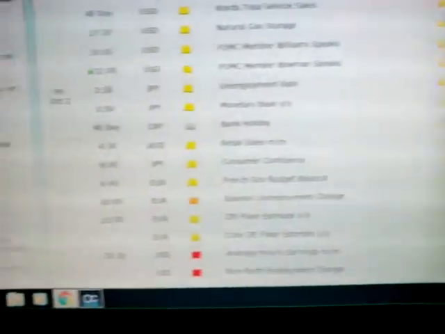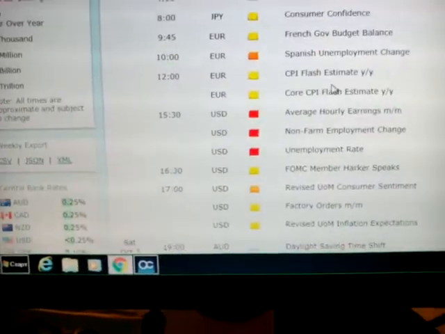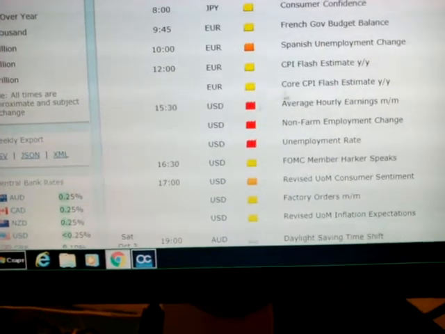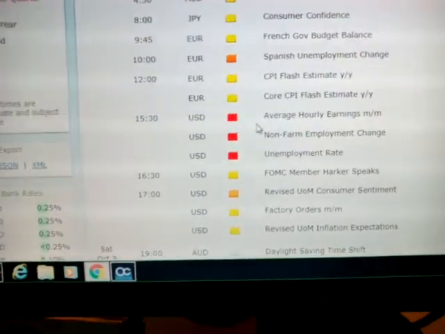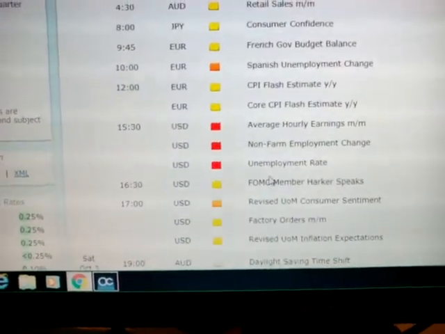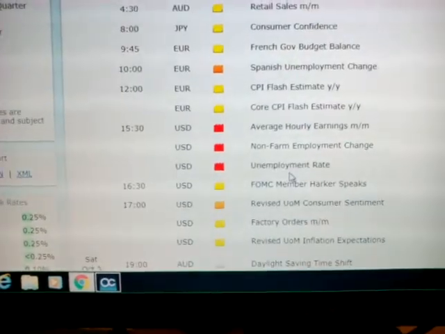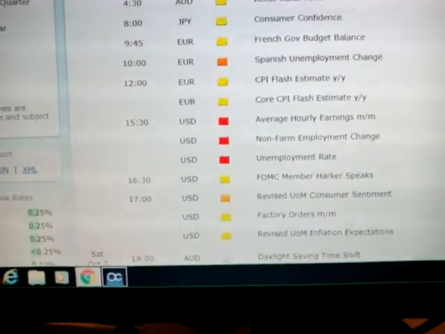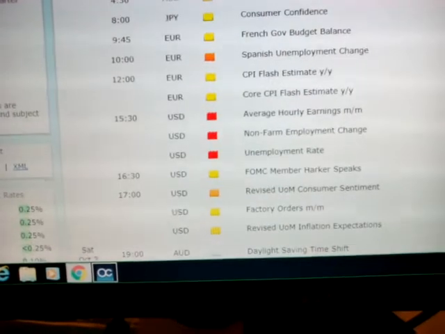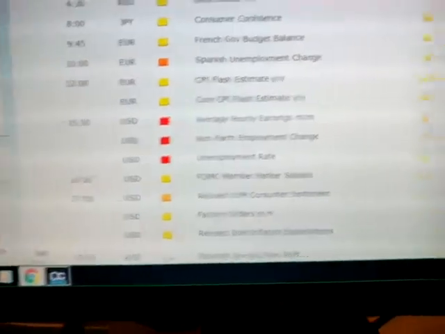So if there is an important announcement, like the unemployment rate for tomorrow, then we must watch for it. We must anticipate it, probably. We must watch also the forecast.